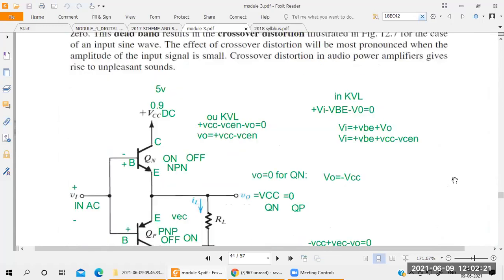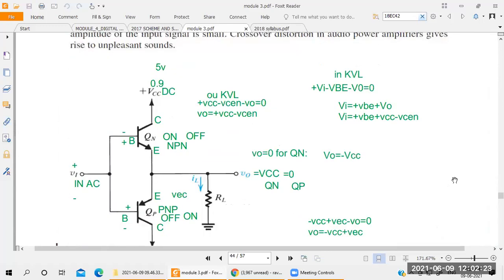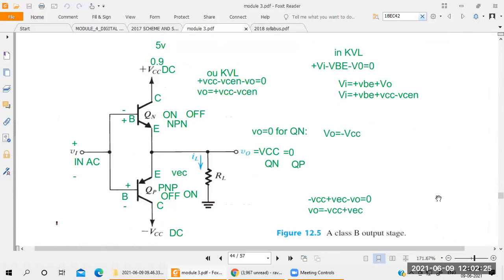First, take the circuit diagram of the class B amplifier. In class B, see here they have taken two transistors, NPN and PNP. NPN for what here? For positive voltage. PNP for what here? Negative voltage. So we are making a series connection of the NPN transistor and PNP transistor in order to make the full cycle.